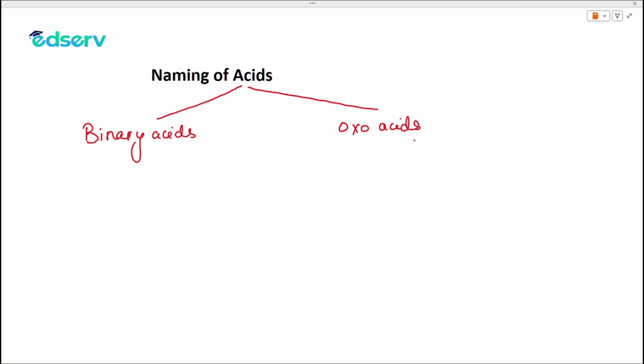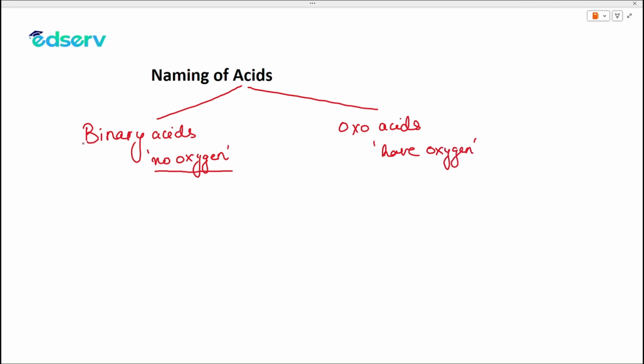As the name indicates, the oxoacids have oxygen present in them, whereas binary acids have no oxygen in them. So oxygen atoms are not present at all in binary acids, and these ones have oxygen atoms.